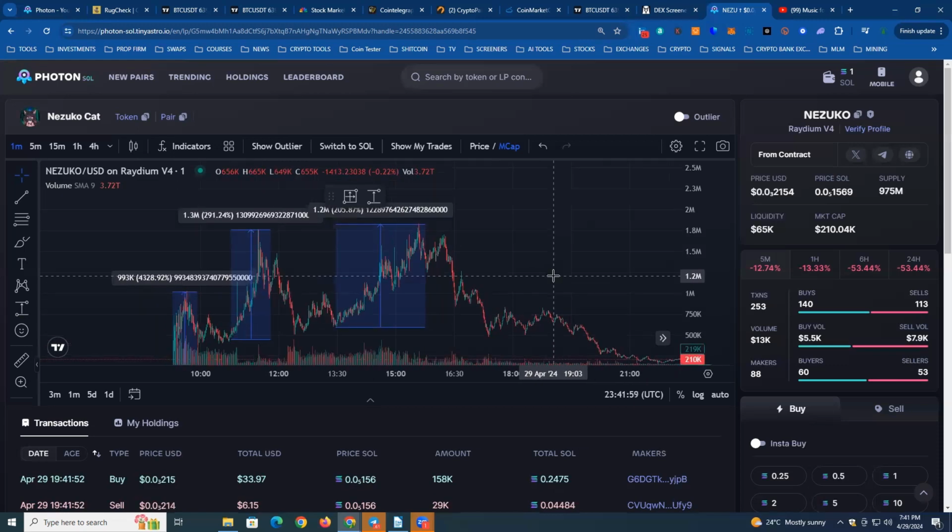The other thing you should pay attention to is the other reversal pattern, the head and shoulders pattern. Like we see here in this last buildup, we see one side of the shoulder here, then we see the head here, and then we see the other shoulder before the coin runs down.